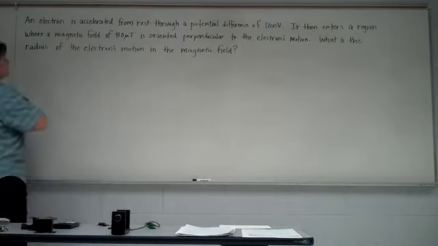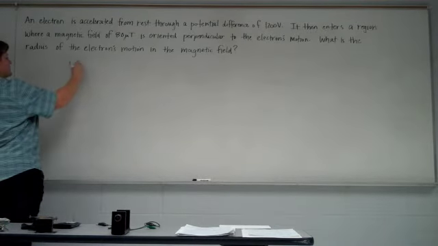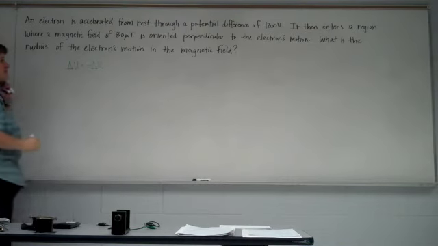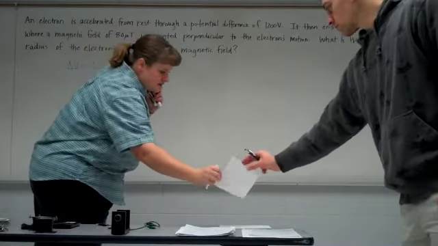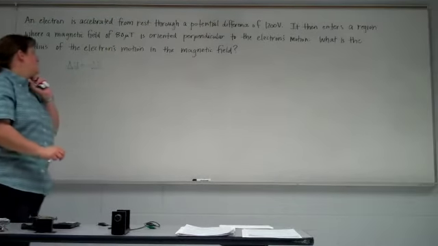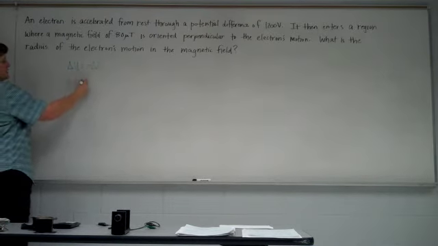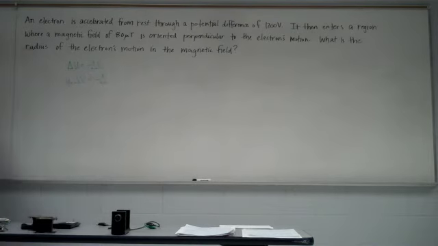So as far as finding the speed, we know from conservation of energy that delta U is equal to negative delta K. And we know also that delta U is q delta V. Well, might as well substitute in too.